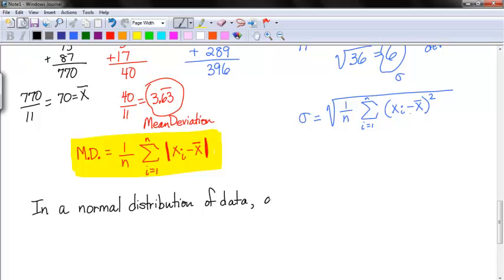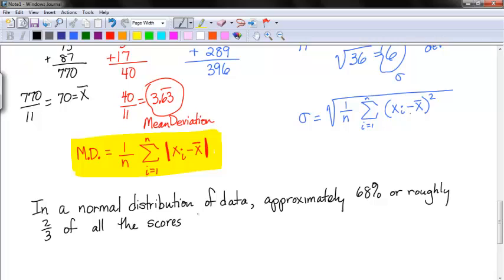In a normal distribution of data, approximately 68%, or roughly 2/3, of all the scores lie within one standard deviation on either side of the mean.